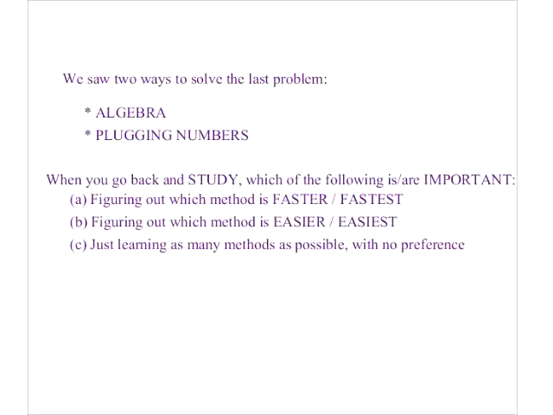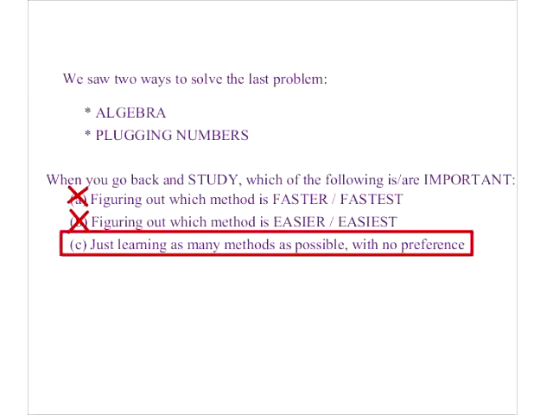So what you should be telling me is just C and not the others. Let's talk about why. The only one of these that's relevant here is learning as many methods as possible with no preference.